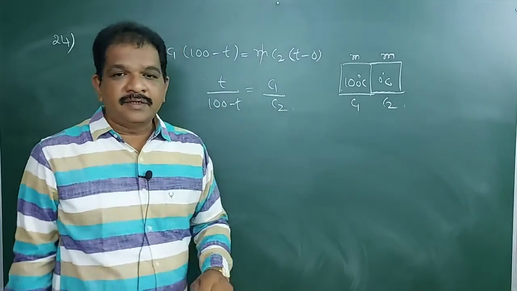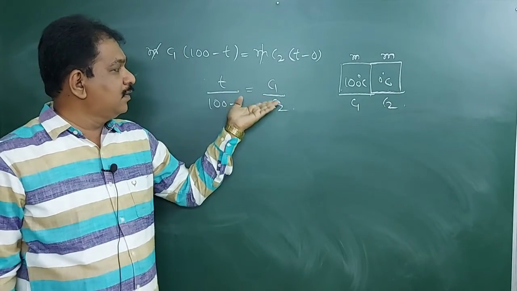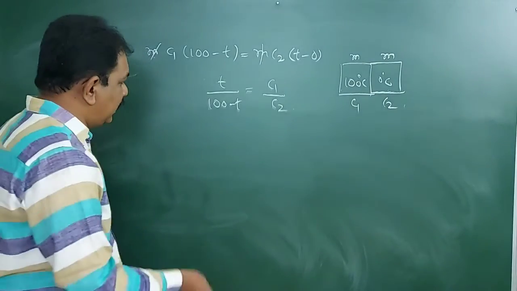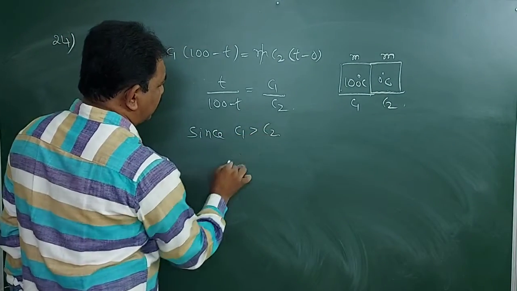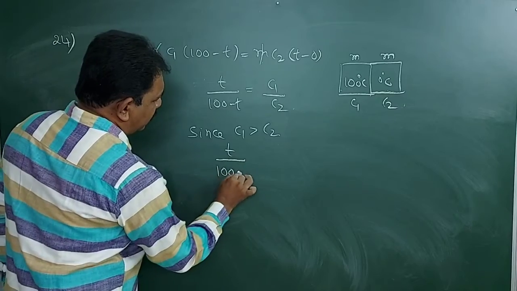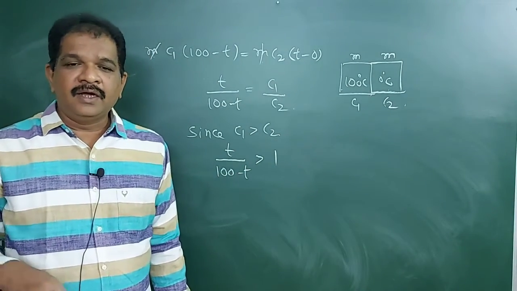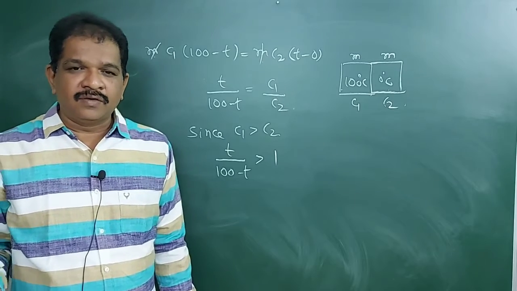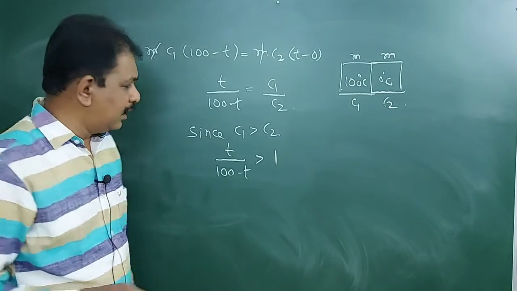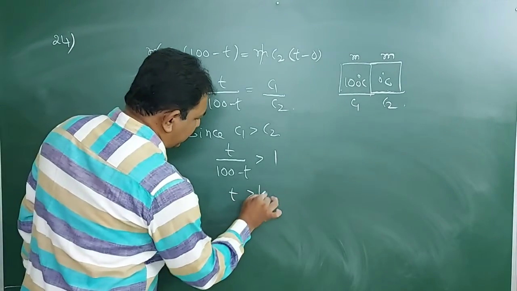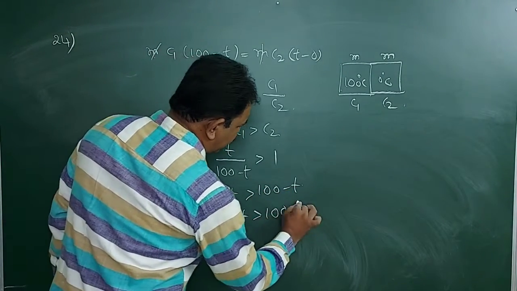At 100 degrees centigrade, specific heat is C1. So which will be more? C1 will be greater than C2. Since C1 is greater than C2, T by (100 minus T) is greater than 1, which means T is greater than 100 minus T, 2T greater than 100.